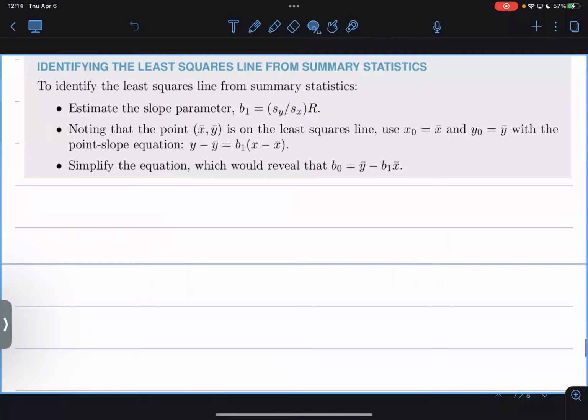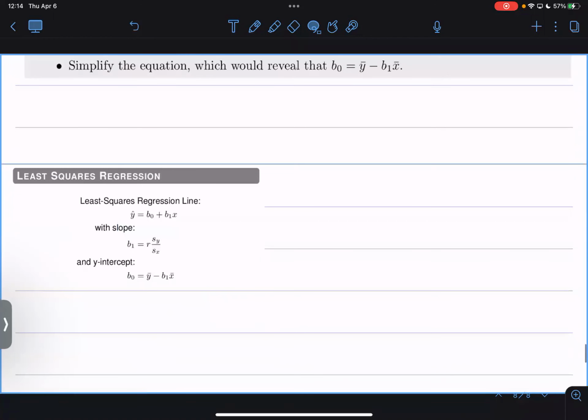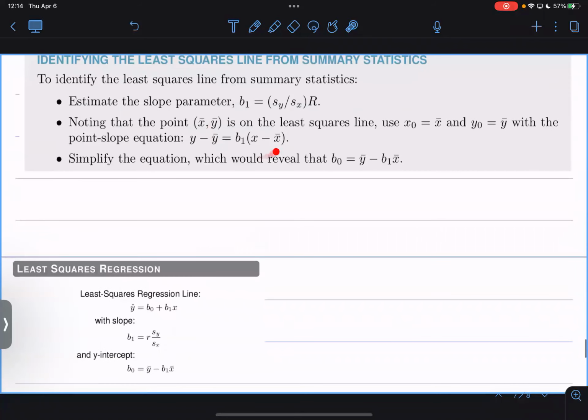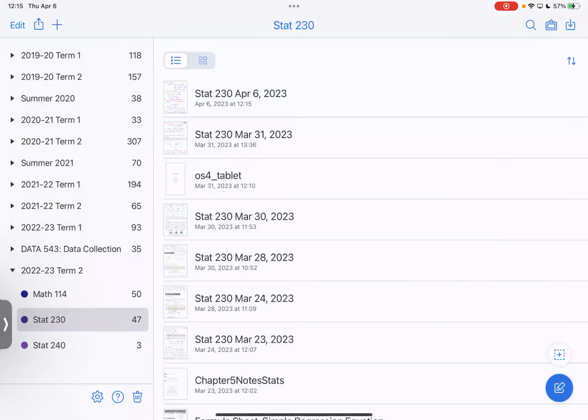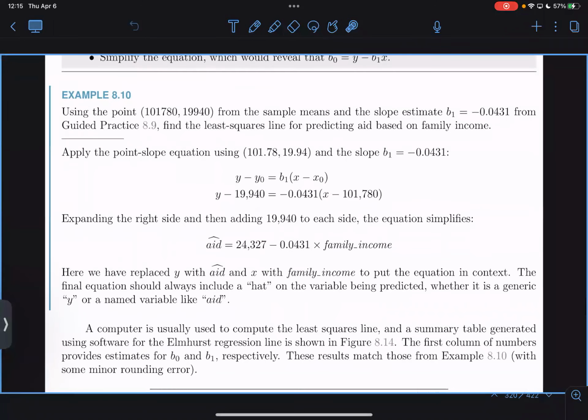I can make whatever I want. So this information here is the same as what we have on our formula sheet, just a little bit more detailed in case you're curious. But what we're gonna do is I'm gonna give you all that information and we're gonna calculate the slope and the intercept.